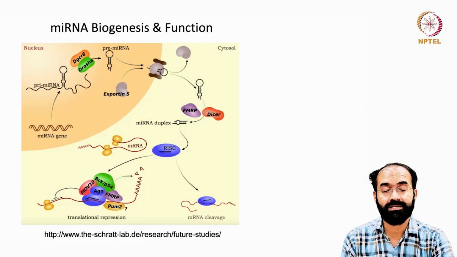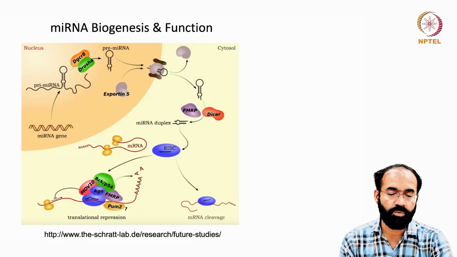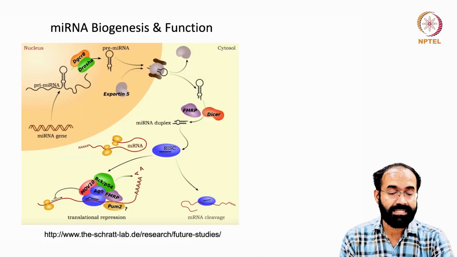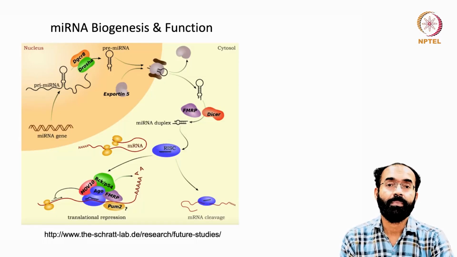This can assemble into the RNA induced silencing complex, RISC, onto mRNA species, and this complex involves a bunch of proteins. One of the major proteins is Argonaute, which binds onto the mRNA and can cause translational repression, that is preventing the mRNA from being translated, or mRNA cleavage.